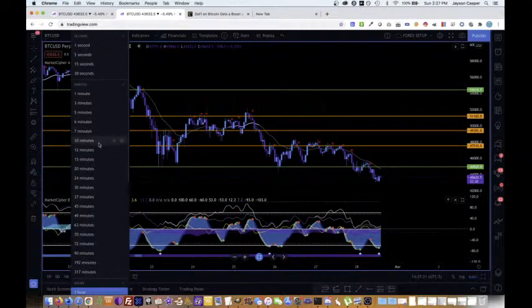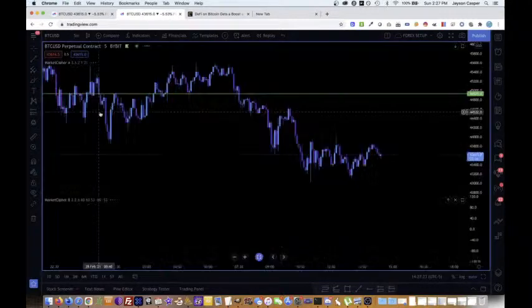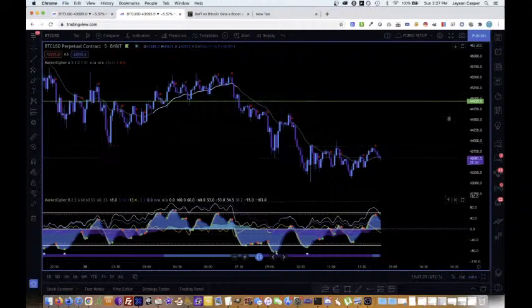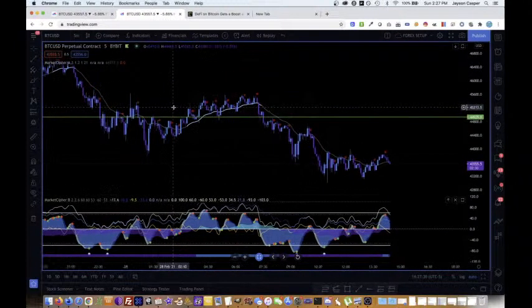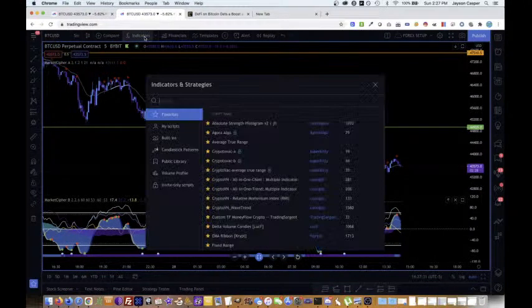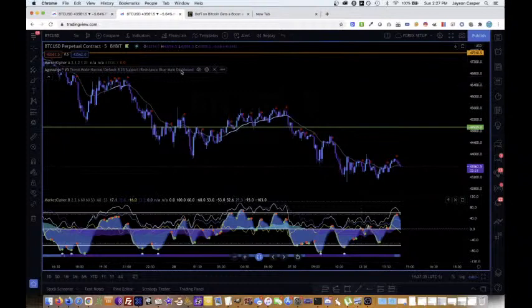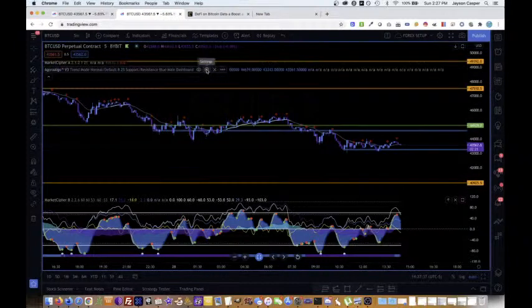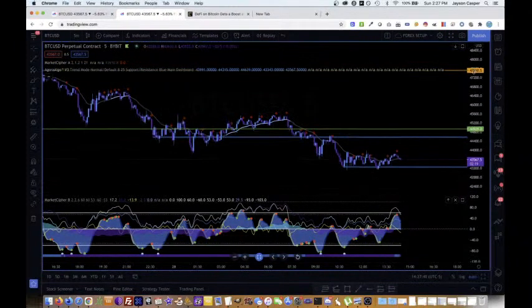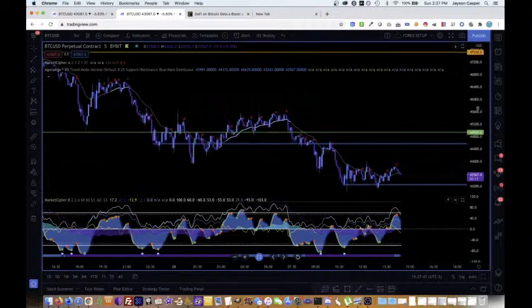Then you're going to come down to maybe the 15 minute and do the same. Then you're going to go down to like the 5 minute, right? And when I'm down in the 5 minute, I like to also draw support and resistance lines. So I'm going to put on some support and resistance lines right now. I'm going to use the Agora Algo, which will automatically draw some nice support and resistance lines for me, guys.